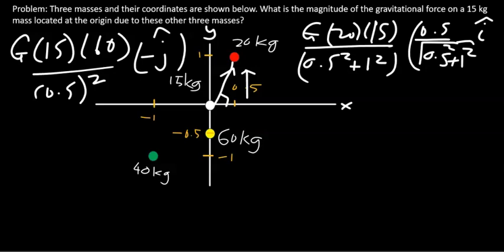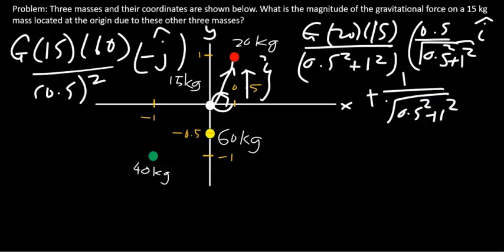The y component is heading up, and the value of the y component is the magnitude times the sine of that angle, which is 1 over the diagonal distance, because this is 1, and the diagonal distance is again 0.5 squared plus 1 squared, j hat. Finally, the 40 kg object.